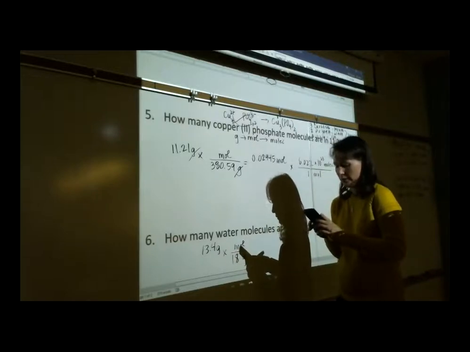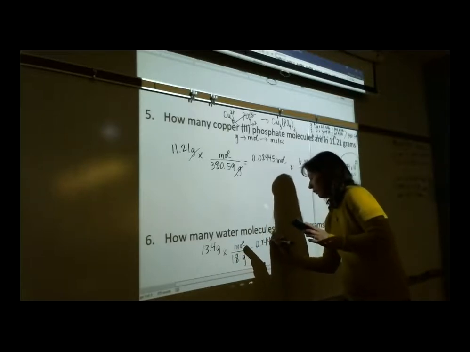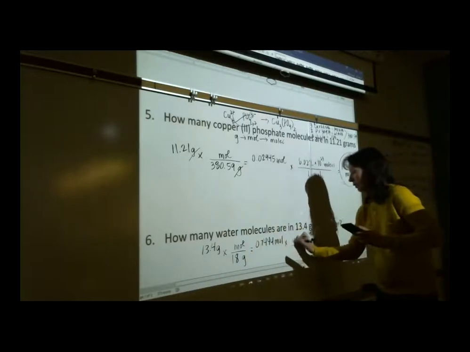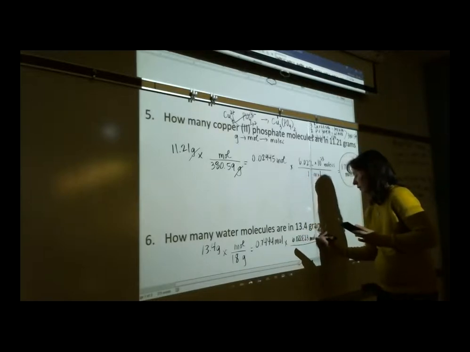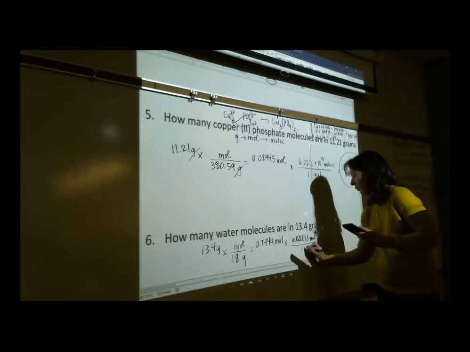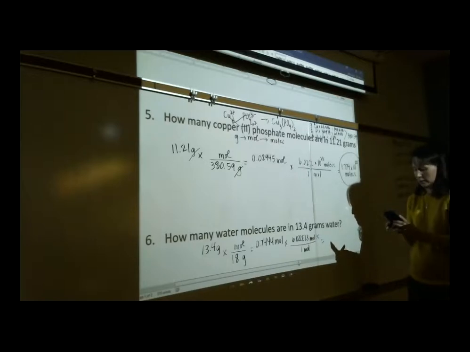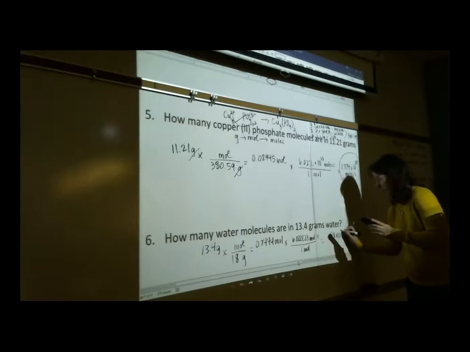So 13.4 divided by 18 gives me 0.7444 moles times Avogadro's number, 6.022 times 10 to the 23rd molecules per 1 mole. That gives me 4.48 times 10 to the 23rd molecules.